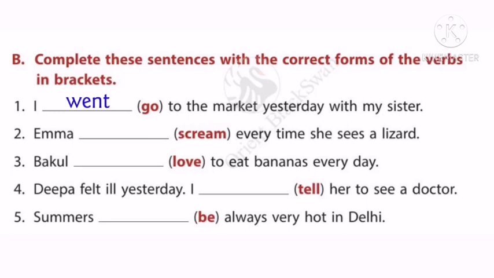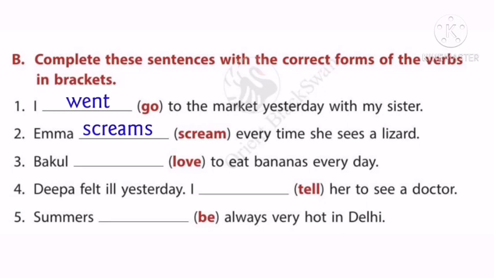If there is only one person, we have to add s or es with the verb. What is the verb given in the bracket? It is scream. Scream is in present tense. We have to add s because the subject is singular. Only one person is there. Then the sentence will be: Emma screams every time she sees a lizard.